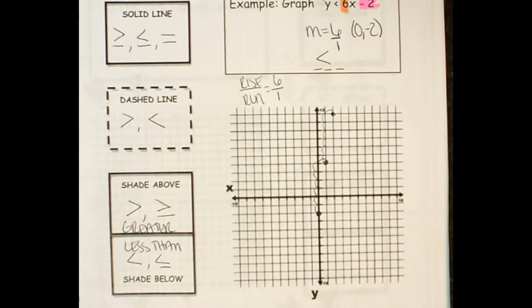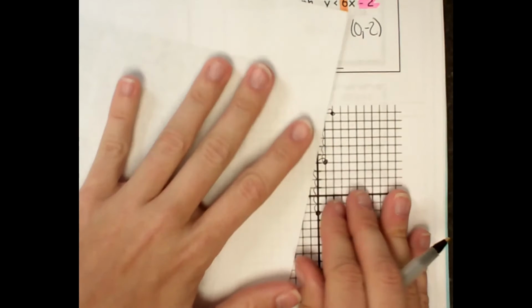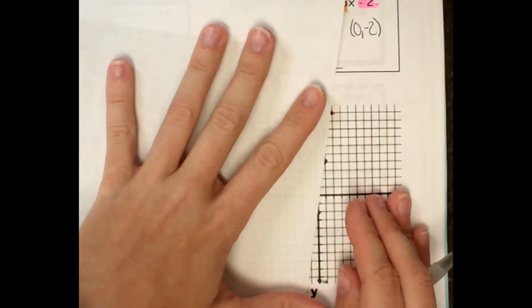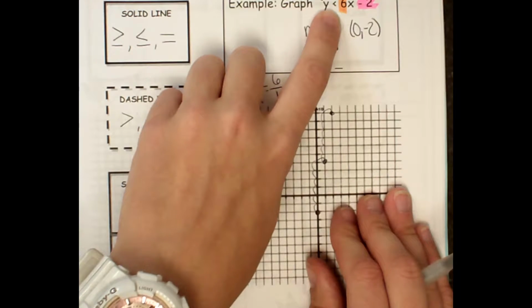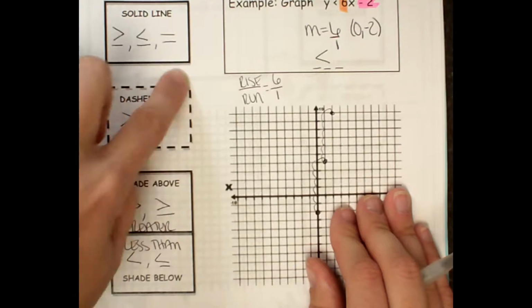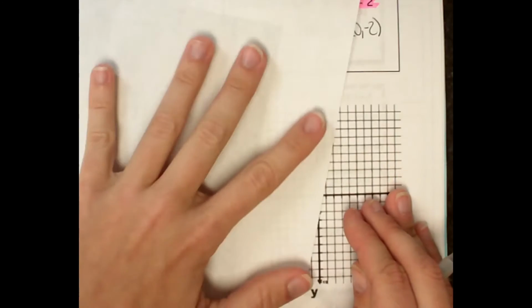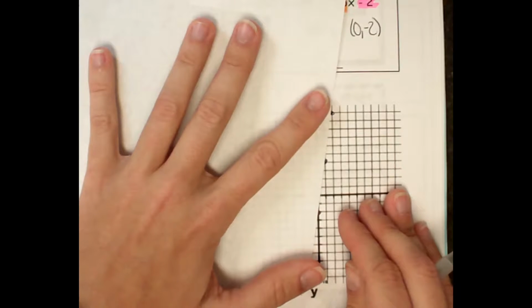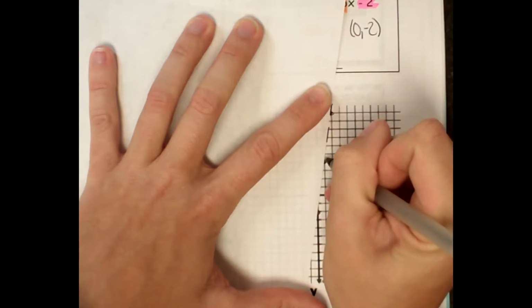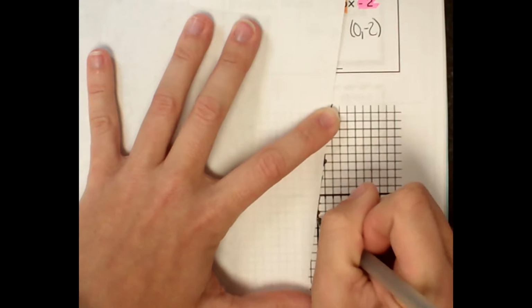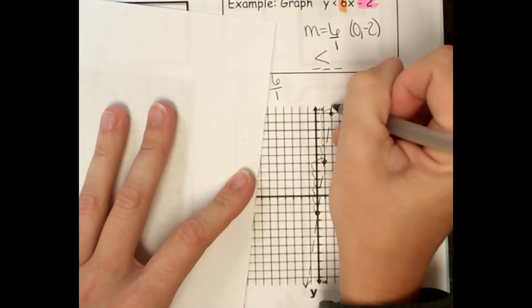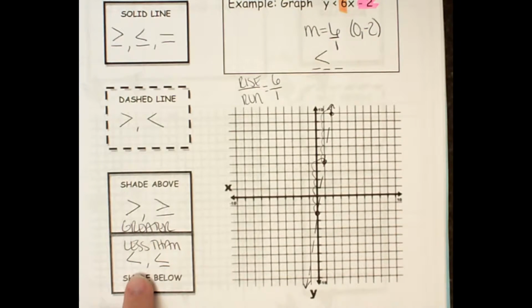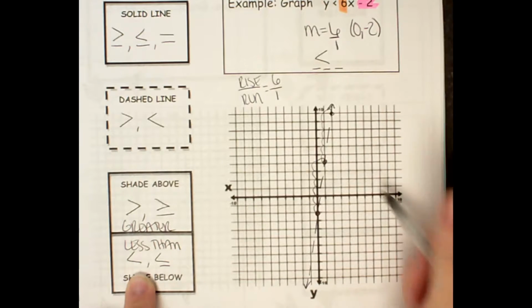So then you want to use a straight edge, such as a ruler or anything else. Connect your points. Let's go back. It's a less than symbol, so I'm going to connect my points using a dashed line, okay? So using a dashed line, there's my line, and it's less than, so I'm going to be shading below.